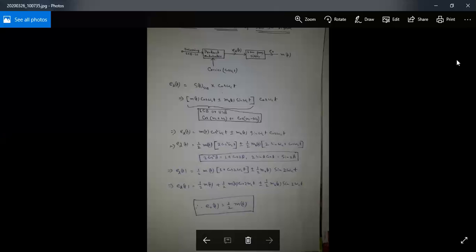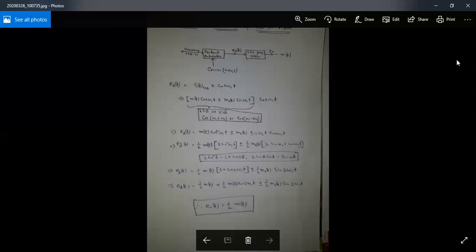Okay. Now, the output of the product modulator is the input of a low pass filter. Now, what is the function of a low pass filter? Here we are going to detect or demodulate the SSB-SC signal.